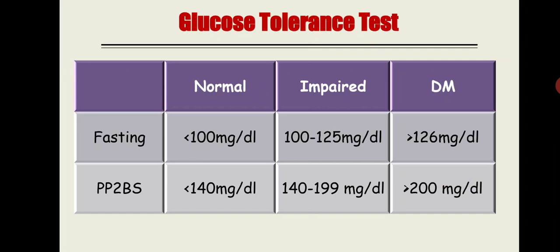Now according to the WHO, what are the criteria for diagnosis of diabetes mellitus? I have taken that criteria from Harrison, the book of medicine. So remember the criteria for diagnosis of diabetes mellitus. In an exam or viva, if any examiner asks you the criteria for diagnosis of diabetes mellitus, it is not simply the symptoms, you need to give proper figures.